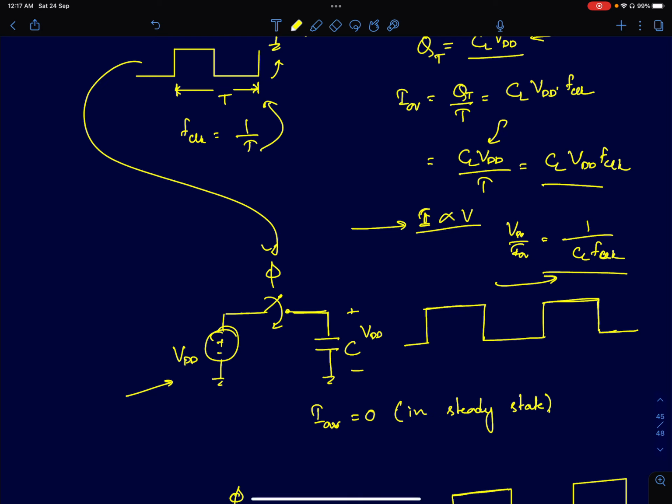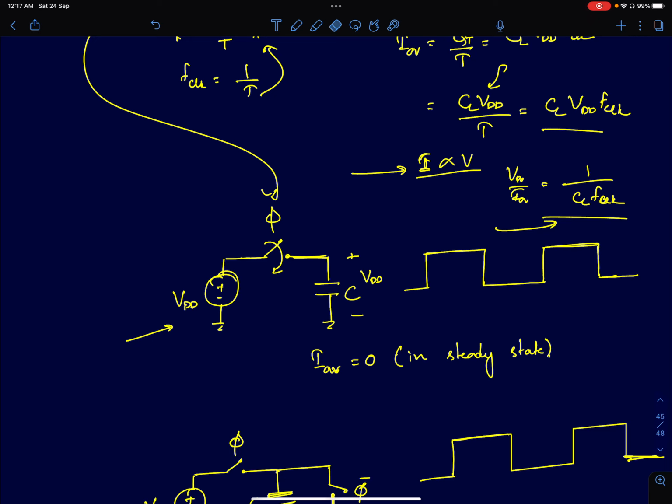Since there is no other discharging path, that capacitor is going to hold this voltage VDD for all time. If I plot charge as a function of time, assuming the switch has a finite resistance, the charge will be delivered with a certain time constant.